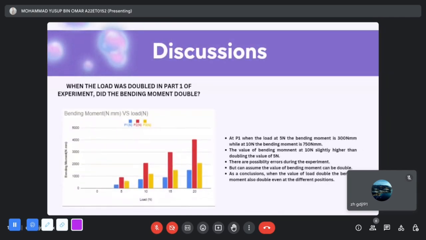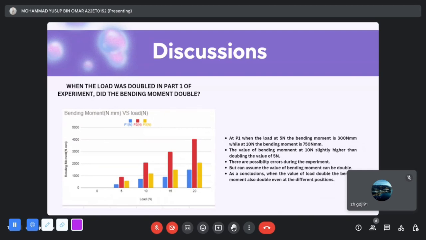So about the discussion: when the load was doubled in part 1 of the experiment, did the bending moment double? Based on what we have done during the experiment, we can say this is true, because at P1, when the load is 5 Newton, the bending moment is 300 Newton millimeter, while at 10 Newton, the bending moment is 750 Newton millimeter.